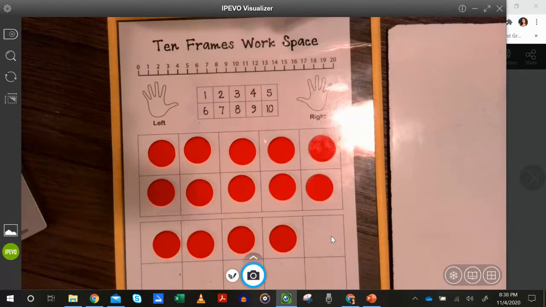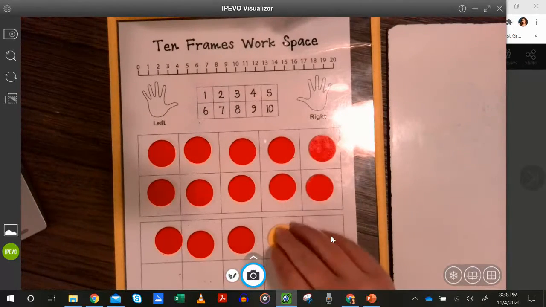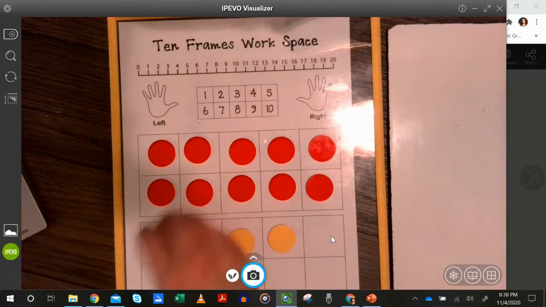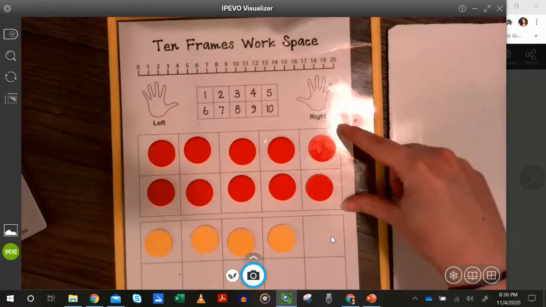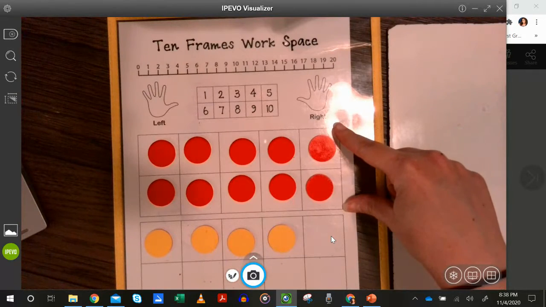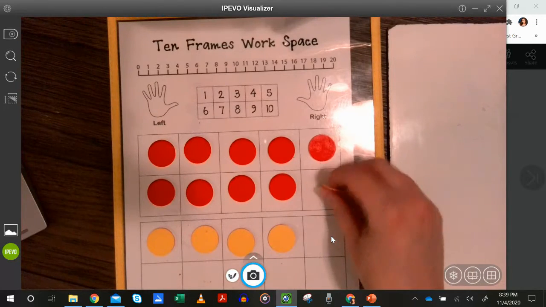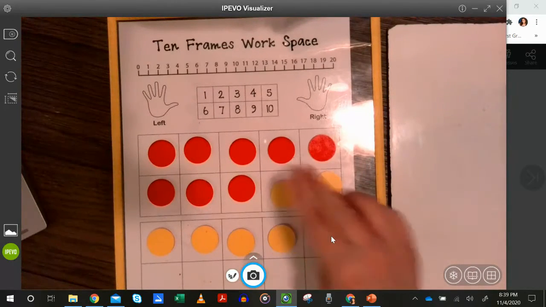Okay, we're going to take away 6. Very easily, I can take away 4. And when I take those 4 away, I can see that I have 10 left. But I don't want to just take away 4. I want to take away 4, 5, 6.